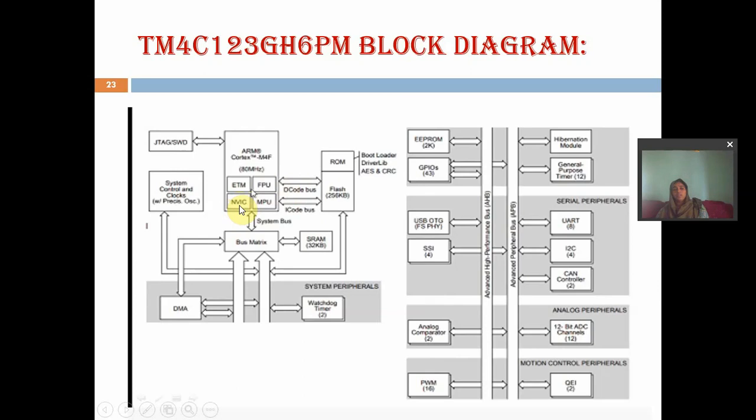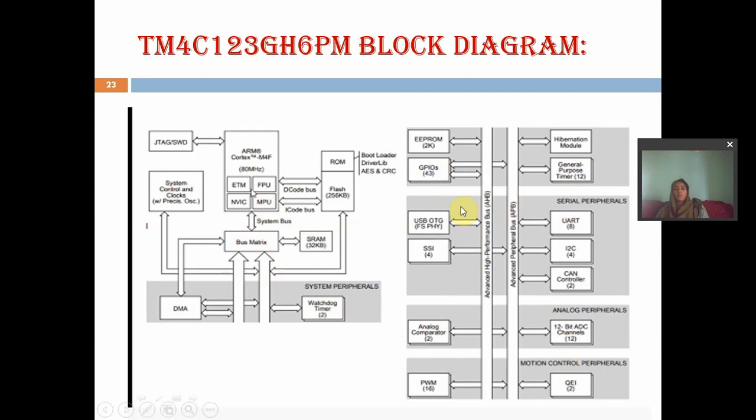Next one is the MPU, Memory Protection Unit. It will avoid unnecessary memory instructions and handles the memory operations.